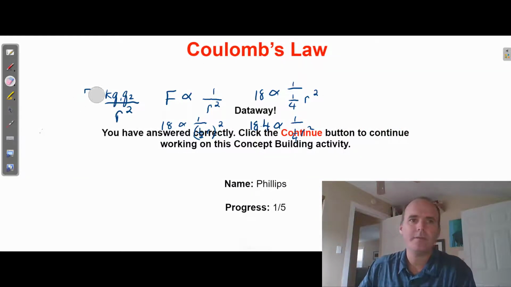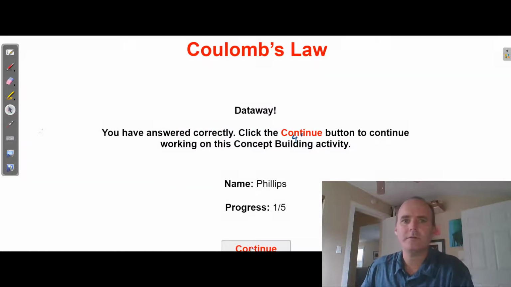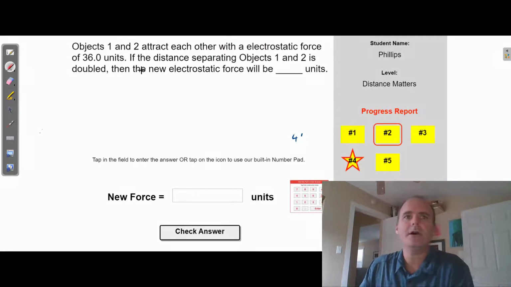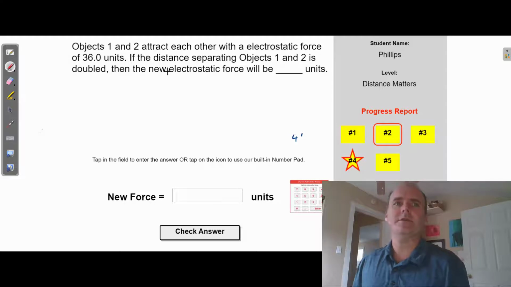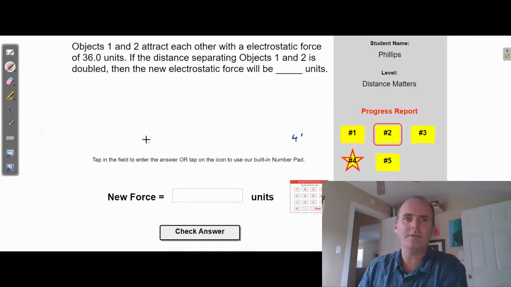All right, let's do another one. Here we have objects 1 and 2 attract each other with 36 units. If the distance is doubled, then what would the new electrostatic force be? Well, think about this.